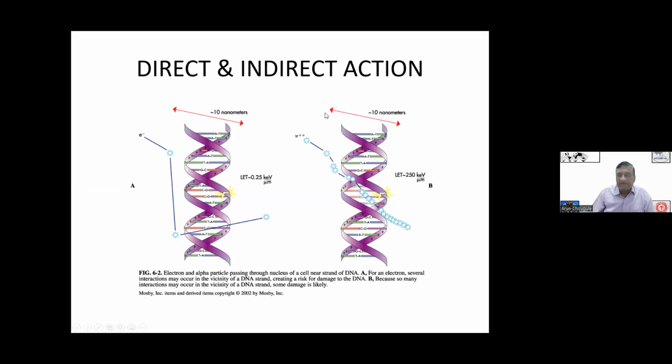Here, when ionization takes place, an electron is released, and this happens with low LET. I will discuss what LET is. X-rays and gamma rays have a very low LET, linear energy transfer, of 0.25 keV per micrometer, so the effect is indirect. In the direct effect, alpha particles, protons or carbon particles are already charged and hit directly. They have very high LET radiation.